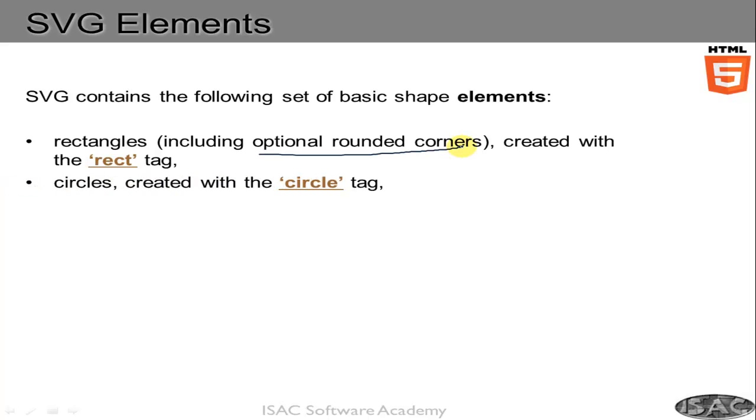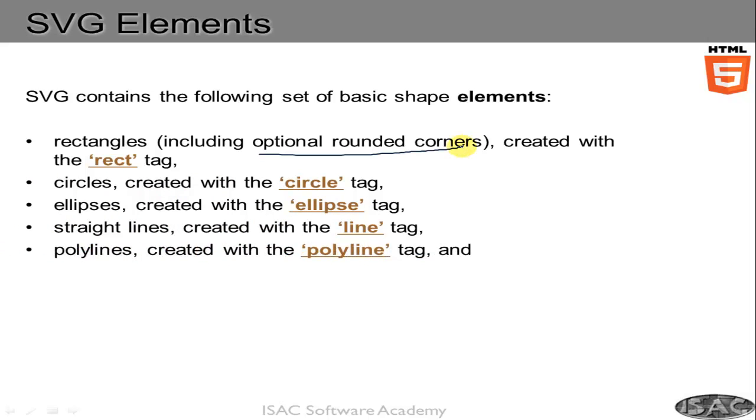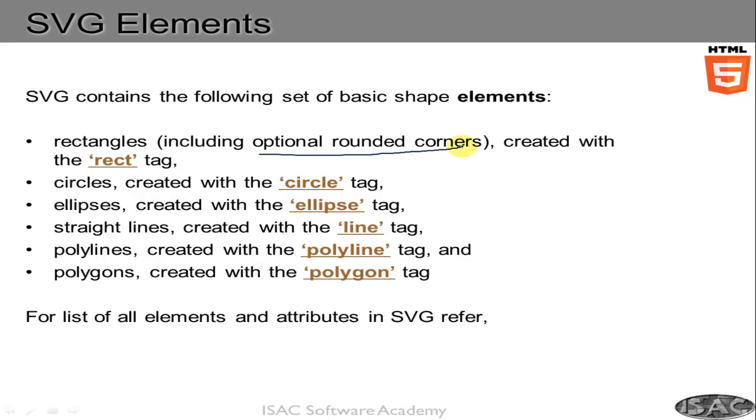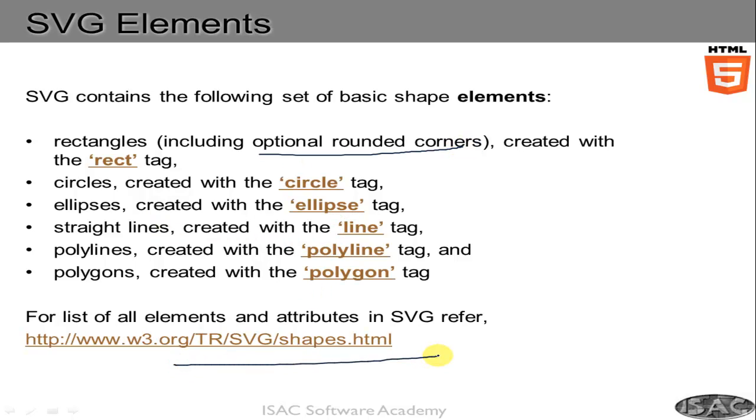You can have circle tag, ellipse tag, line tag, polyline tag, polygon tag, and for the list of all the elements and attributes, you can also refer to this specification, which will give you the various kinds of shapes we can create. So using these, you can create a circle, ellipses, straight lines, polylines, polygons, rectangle, whatever you want to declare. Now how to do that? We will see in just a few seconds.